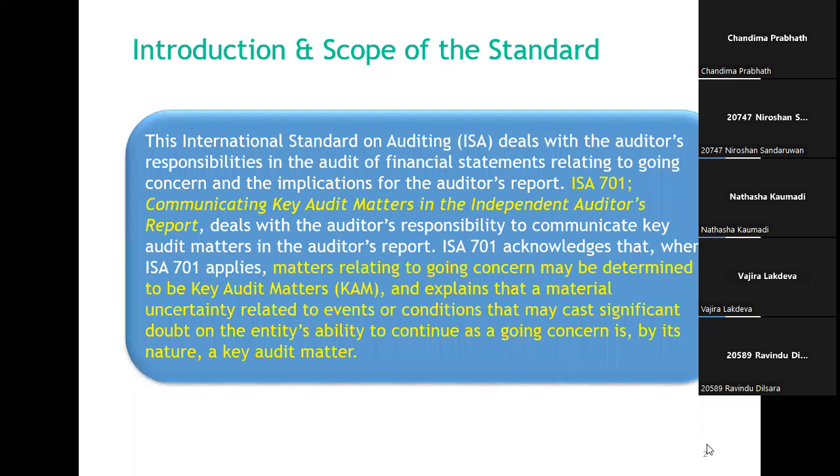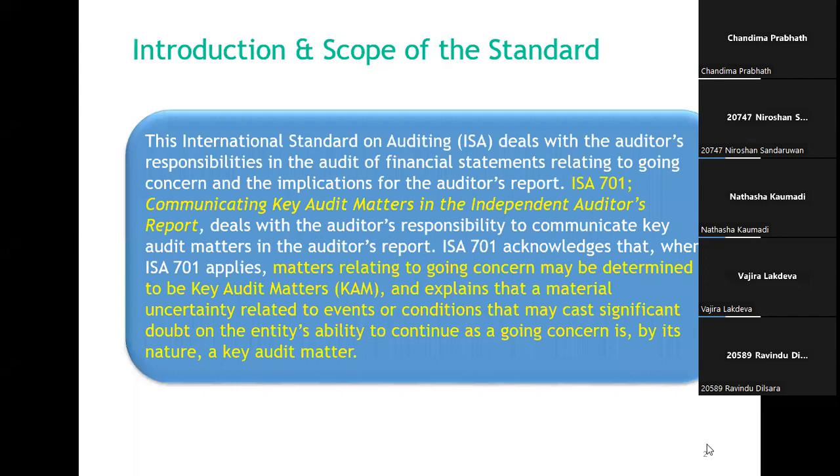ISA 701, which will be done by you all at a future date, in a future session, is communicating key audit matters in the independent auditor's report. It deals with the auditor's responsibility to communicate key audit matters in the independent auditor's report.